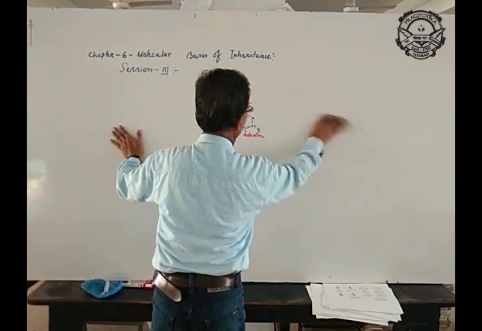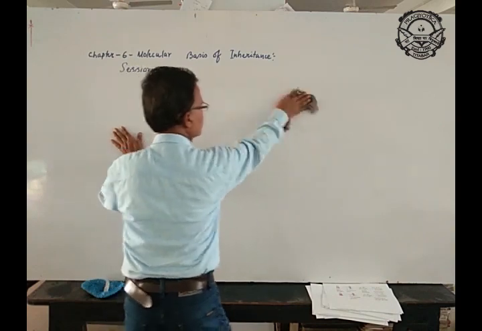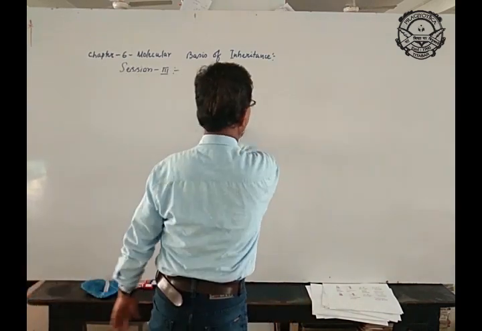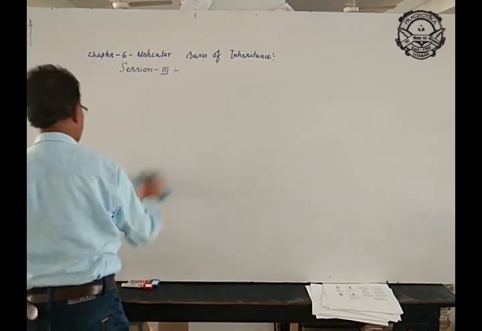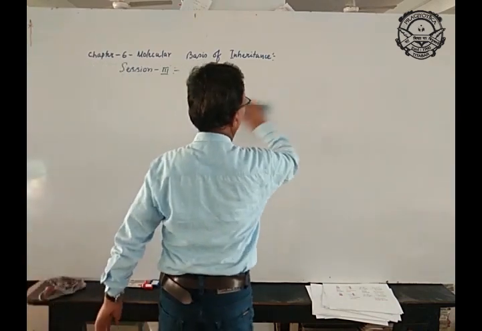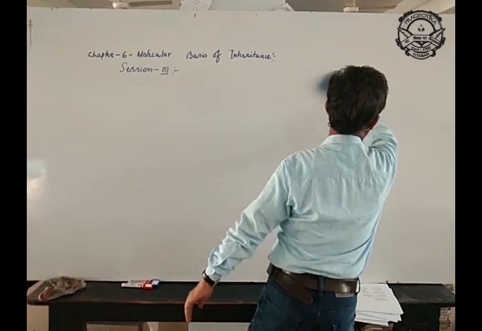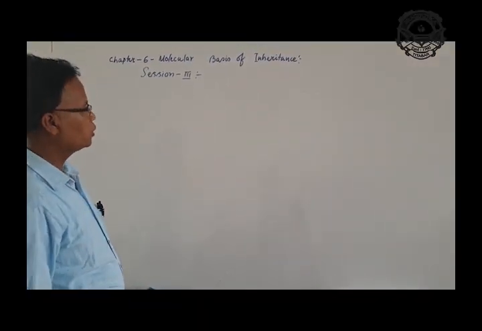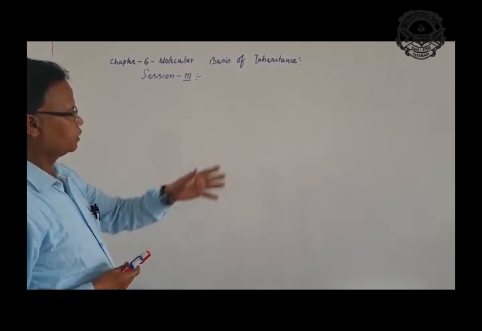Next part: these nucleotides are of 4 types. Diagrammatically, the 4 types of nucleotides present in DNA can be represented as under. Now students, I am continuing with the structure of nucleotides.